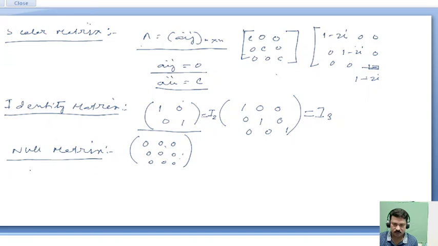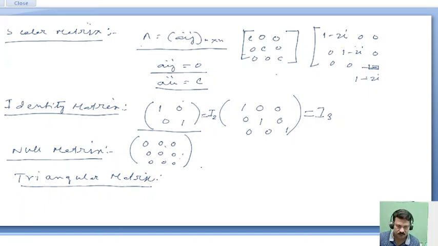Now we come to the next definition, that is triangular matrix. What is triangular matrix? It is physically in the triangular form.